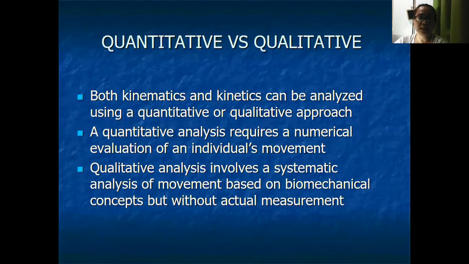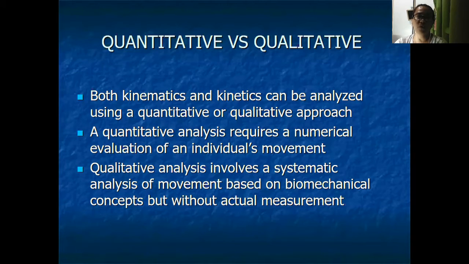As for quantitative versus qualitative, both kinematics and kinetics can be analyzed using a quantitative or qualitative approach. Quantitative analysis requires a numerical evaluation of an individual's movement. Qualitative analysis involves a systematic analysis of movement based on biomechanical concepts, but without actual measurement.